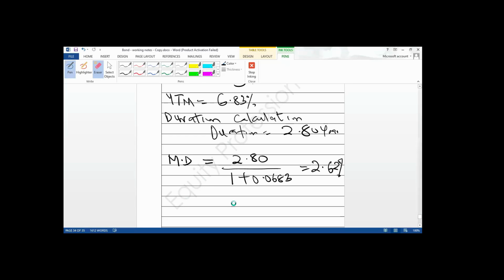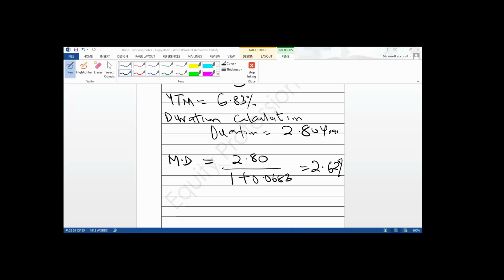So your modified duration is 2.62. It's going to be a percentage. You can now interpret what you have computed.